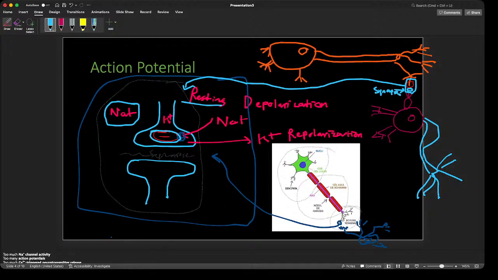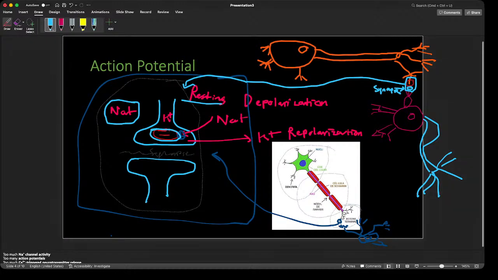I wanted to mention here, because if you look here, as I was mentioning, that's the connection between the two neurons, the presynaptic and the postsynaptic neuron. But then in between is the synapse.